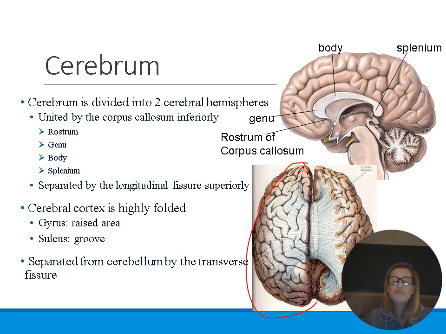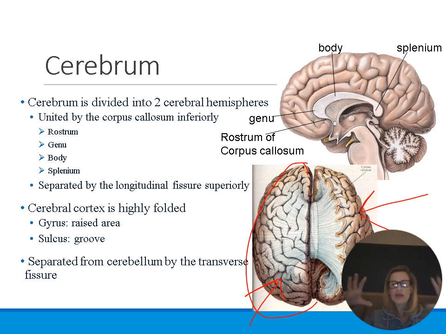The cerebrum gets divided into two cerebral hemispheres. Hemi means half, so half of a sphere. So there's a left cerebral hemisphere, which I've circled right here, and then on the other side is a right cerebral hemisphere.